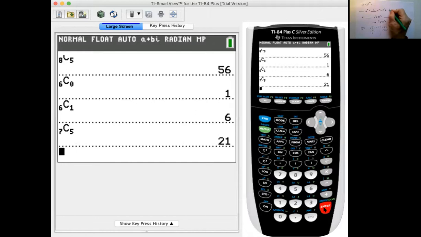So I have 21 here, and then I also have 21 here. Then I need 7 choose 4, which is the same as 7 choose 3, so those two numbers will be the same.